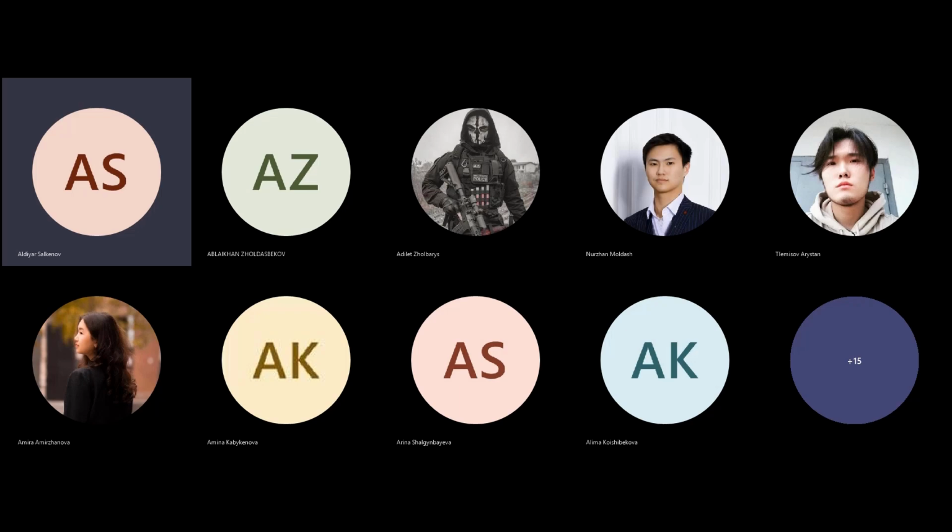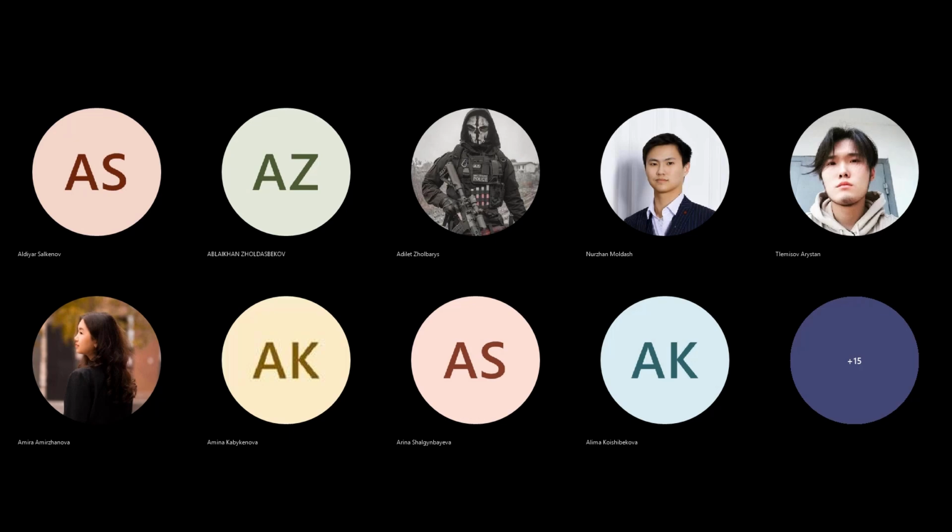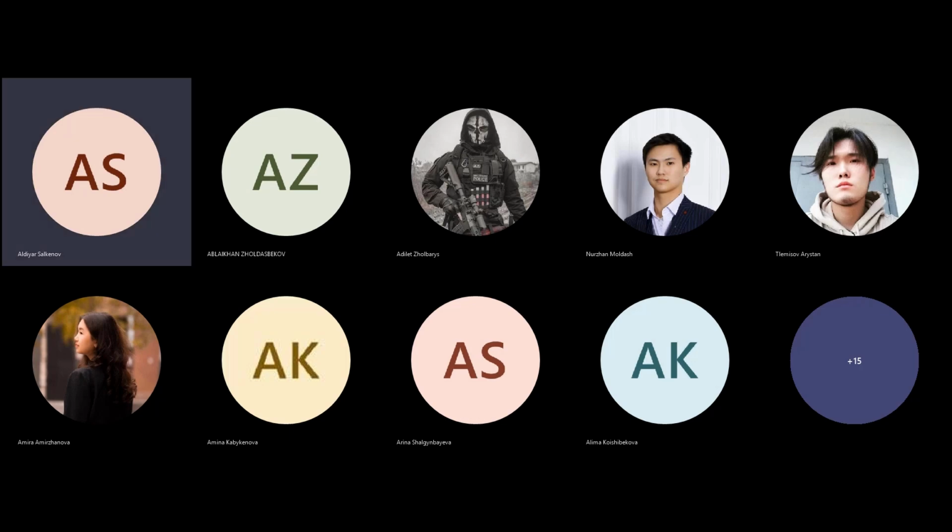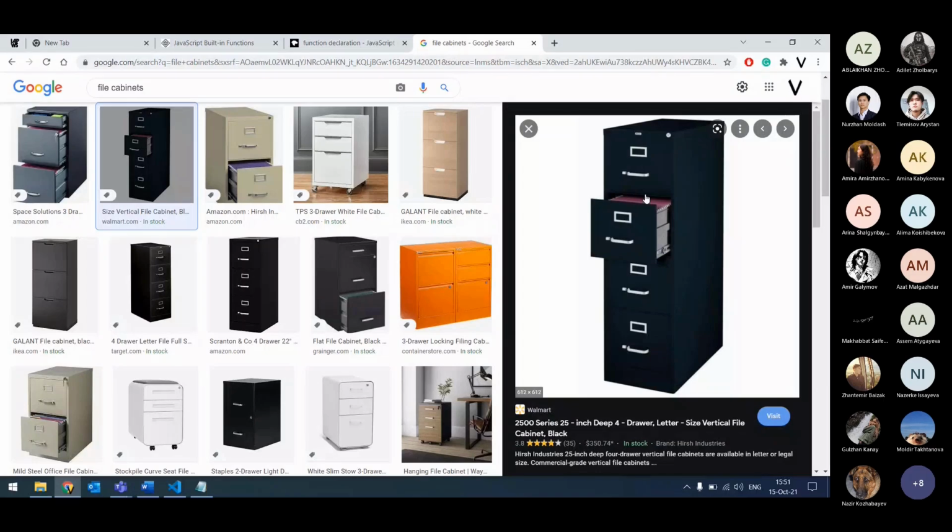Okay, and let me show you something like this. Okay, so what you see here is a file cabinet. Basically, an array is a file cabinet in the real world. In a file cabinet, you have different sections, the first one, second, third, and fourth, where you can keep your files.